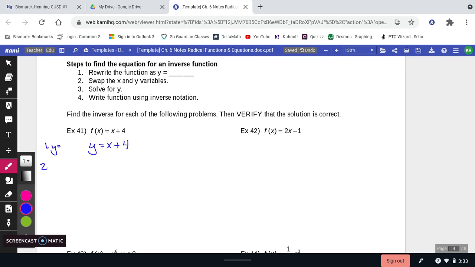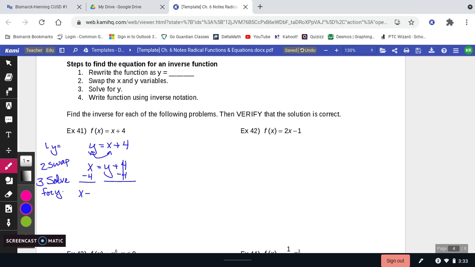Okay, step number 2, we're going to swap the x and the y variables. So instead of y equals x plus 4, it's going to be x equals y plus 4. Number 3, you are going to solve for y. So to solve for y, I would subtract 4 from both sides.